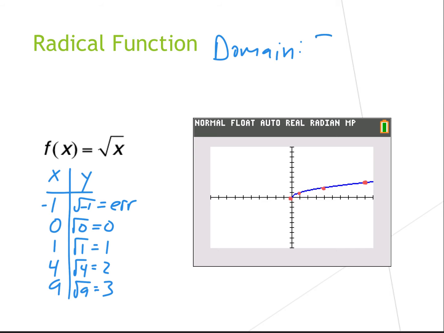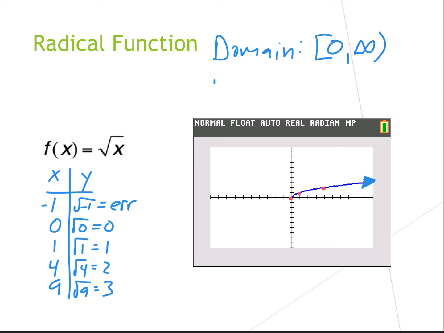So we would start at 0 with a bracket because 0 is included. And then, does it ever stop going to the right? Does x ever stop getting bigger? The answer is no. When it never stops, that goes to infinity, and infinity automatically gets a parenthesis.